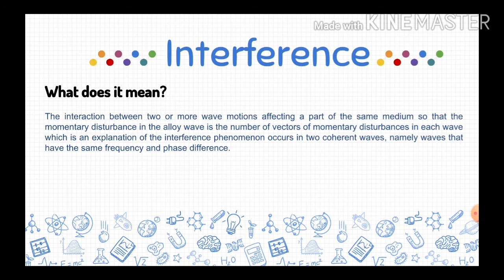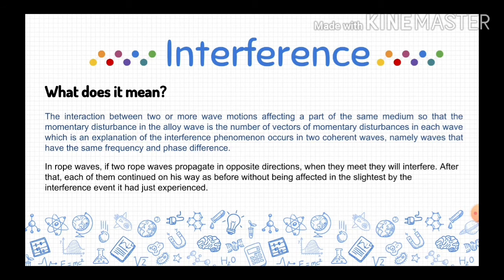This phenomenon occurs in coherent waves, namely waves that have the same frequency and phase difference. In rope waves, if 2 rope waves propagate in opposite directions, when they meet they will interfere. After that, each of them continues on its way as before, without being affected in the slightest by the interference it had just experienced.